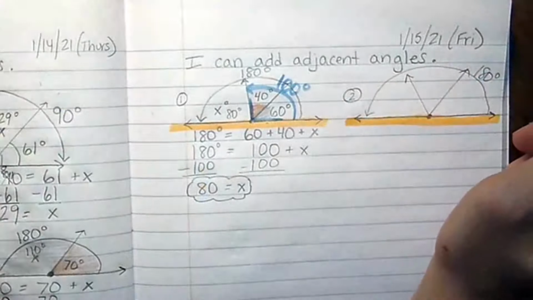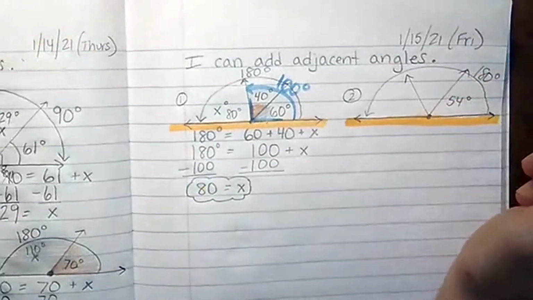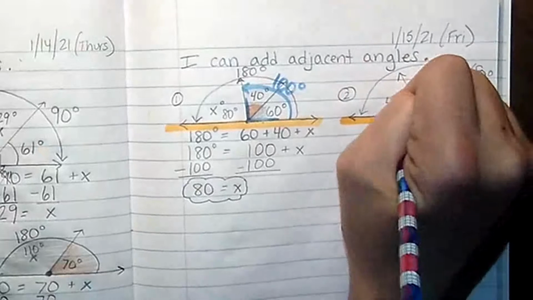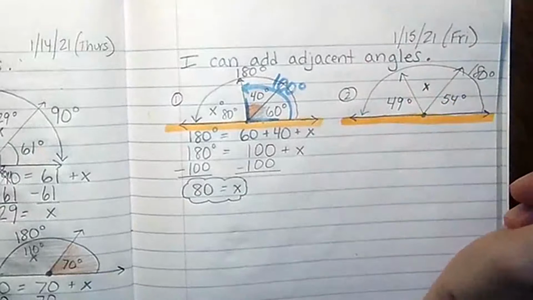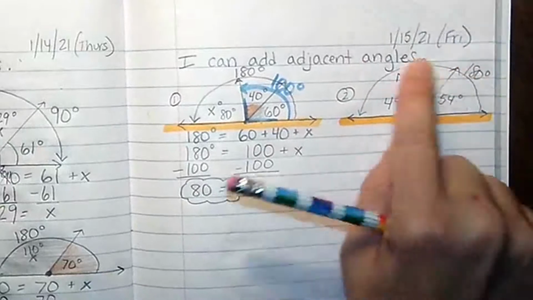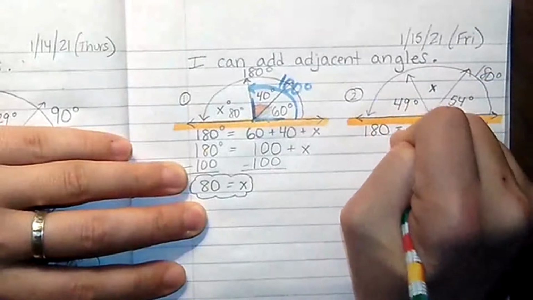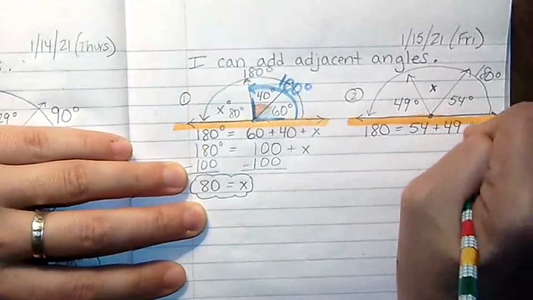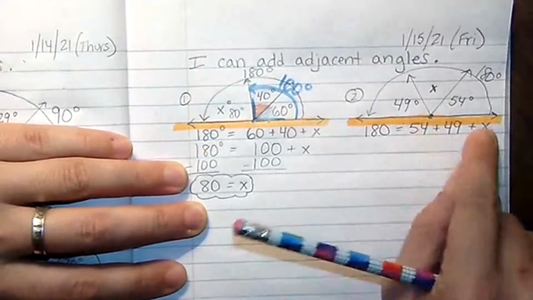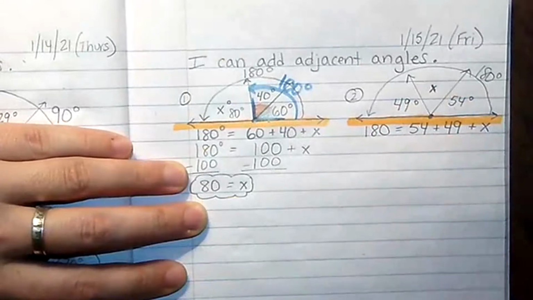All right, so the total again is 180. I'm going to tell you this side over here measures 54 degrees. And I'm going to tell you this side over here measures 49 degrees. What is X? Do we know the total? Yeah, the total is 180, and 180 equals 54 plus 49 plus X. If I add all of these together, 1, 2, 3 chunks, 1, 2, 3 chunks, that should give me 180.